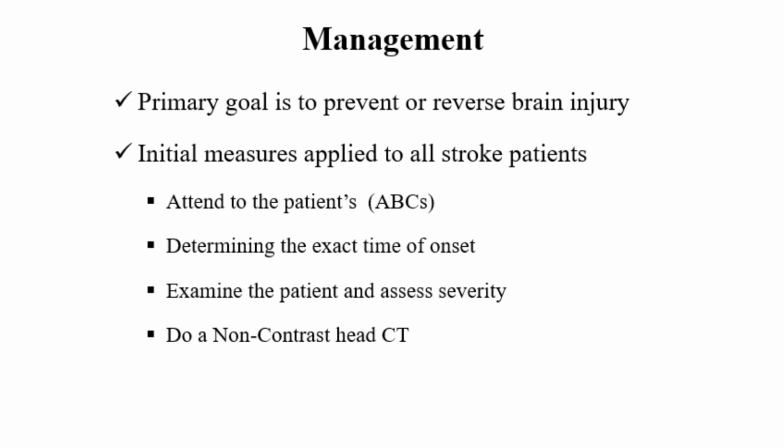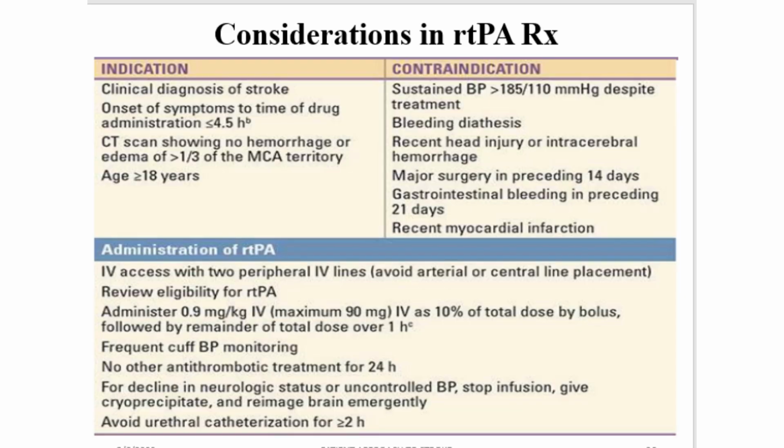This is the first phase. That means the initial assessment, and we secure the ABCD of life of the patient. That means the airway, breathing, and circulation must be maintained at this stage.